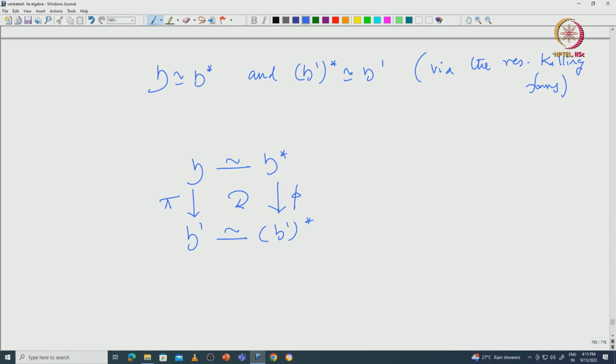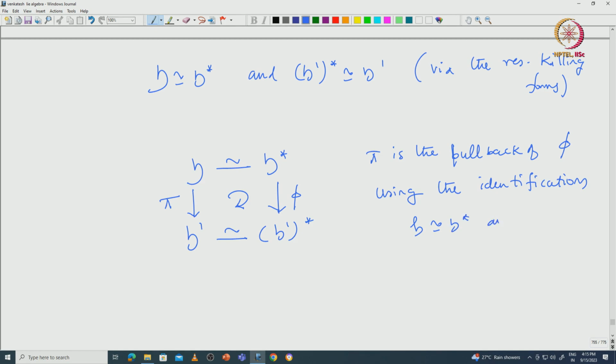So, pi is the pullback of pi, using the identifications that we talked about before, between H star and H dash star, and this is given via the respective Killing forms.